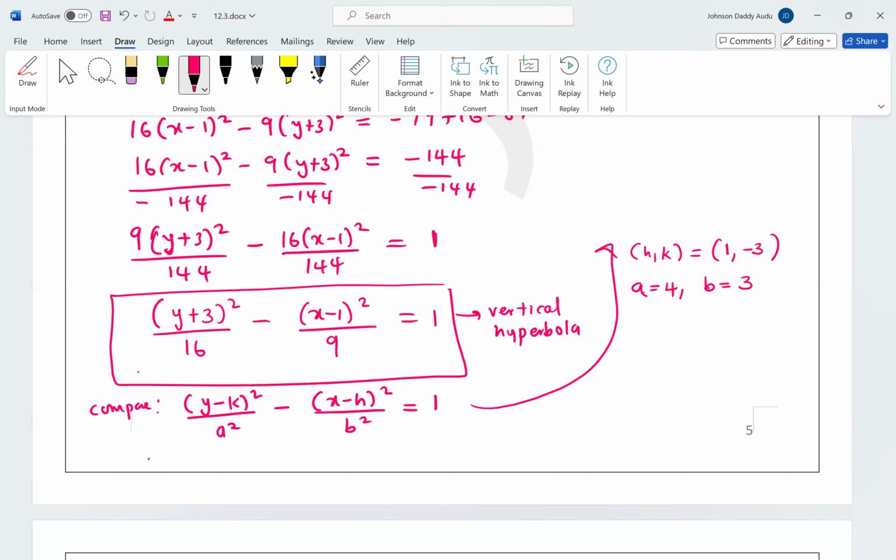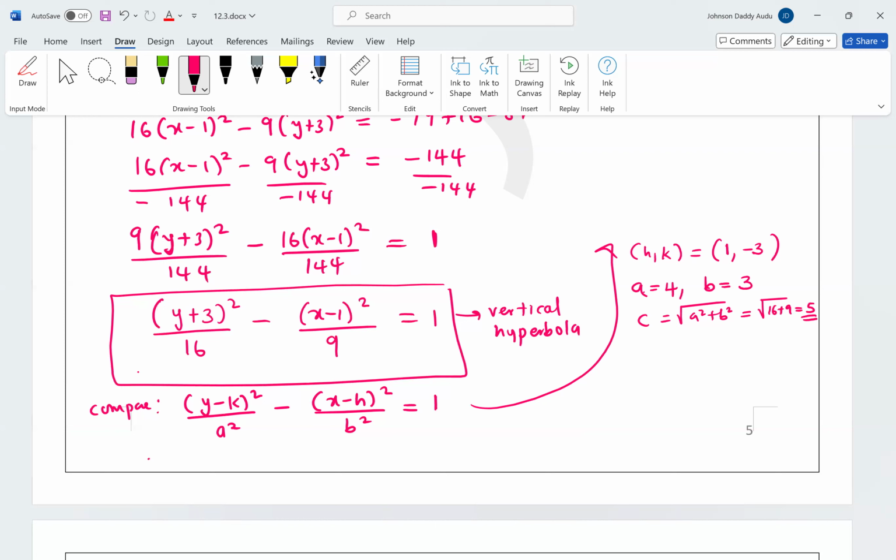B is 3. A is 4, b is equal to 3. Then c squared, or we can say c squared is a squared plus b squared, which is just going to be 16 plus 9. So c is just going to be 5.